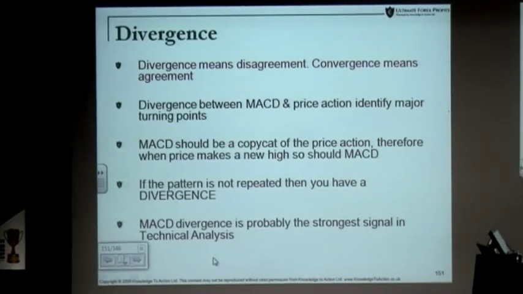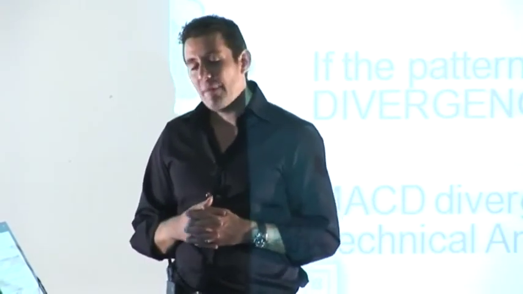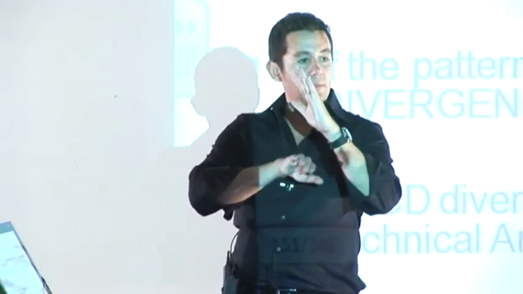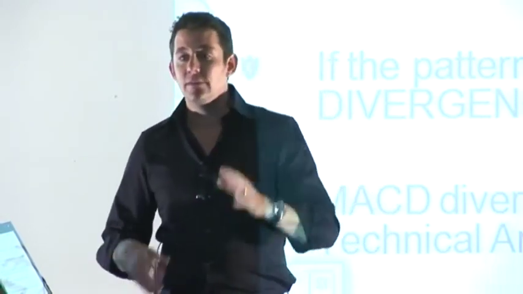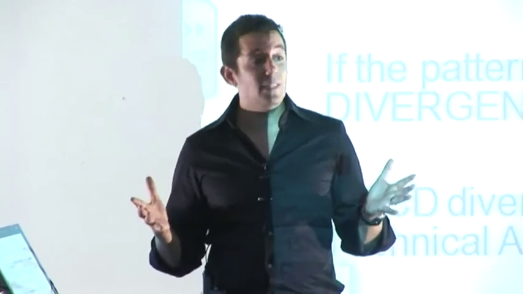Convergence means agreement. We look for divergence between MACD and the price action to identify a turning point. In other words, if the price is moving up, but then the MACD starts to slope down, we start to think, hold on, that currency pair could be moving down pretty soon. Does that make sense?